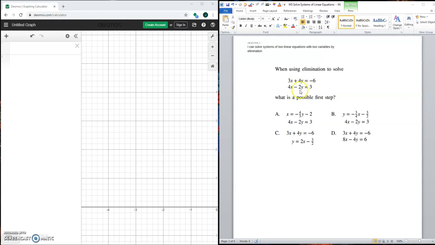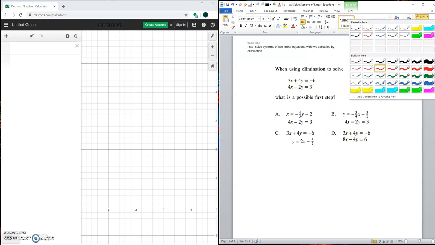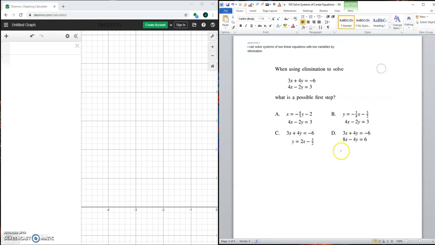Looking at that right now, I see D. If I multiply that second function all by 2, this will turn to a 4. Therefore, I can now just easily eliminate this if I add. So the answer here is D.